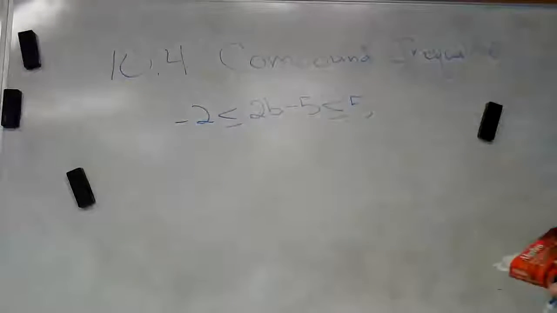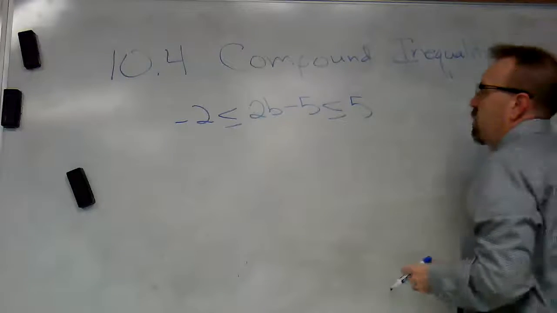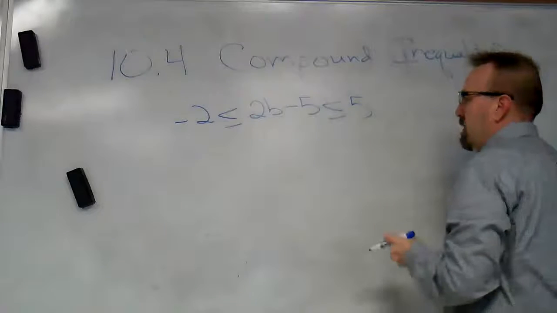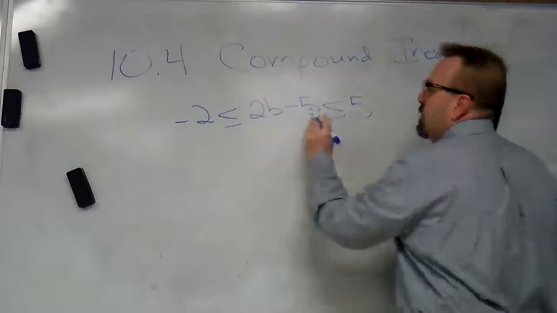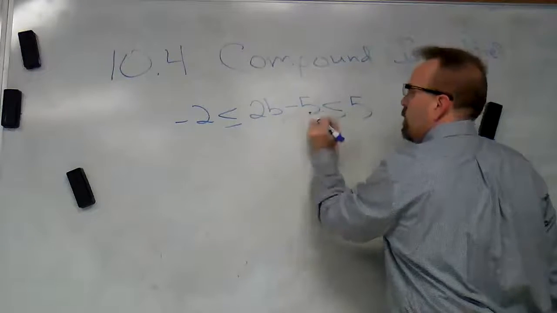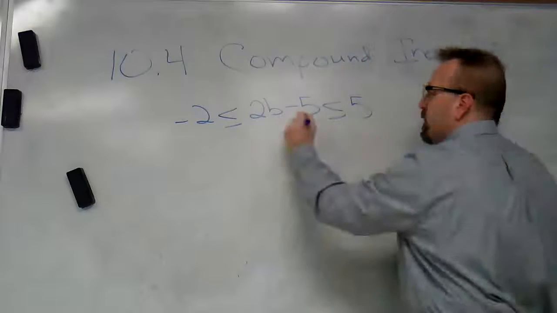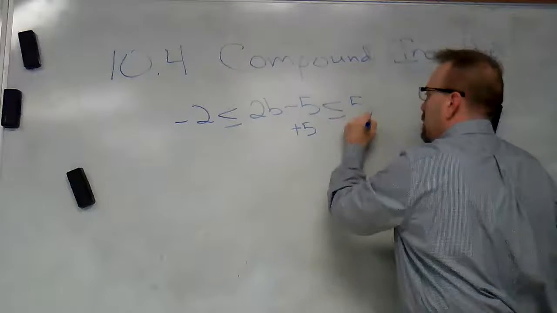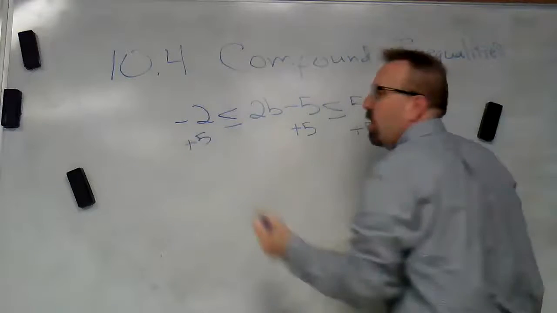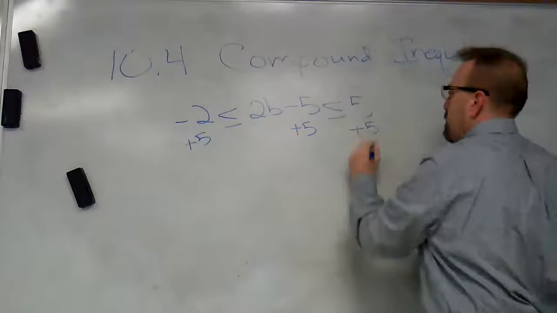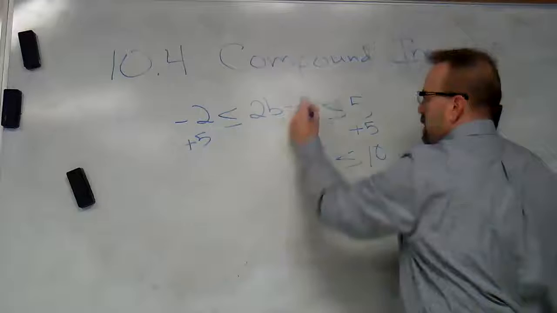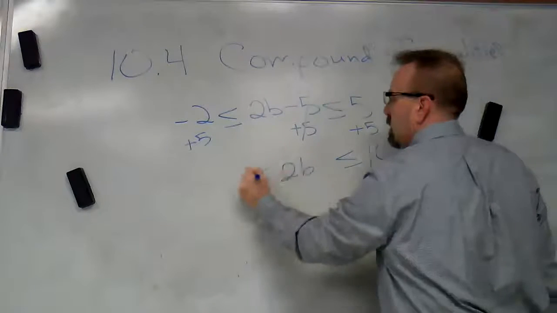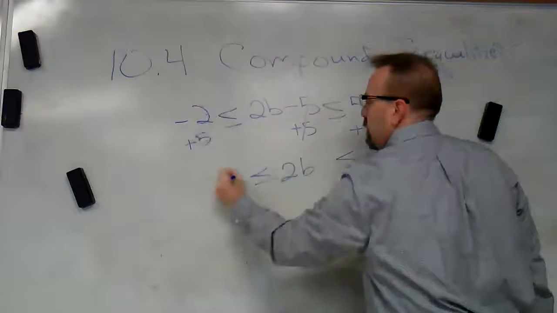-2 is less than or equal to 2b minus 5, which is less than or equal to 5. So on a two-step inequality or equation, we always start with our addition or subtraction. So if we add 5 here, we add it to every single part. So 5 plus 5 is 10. 2b. 5 minus 2 is 3.